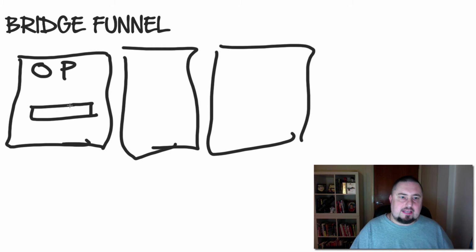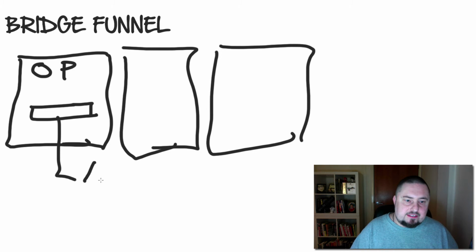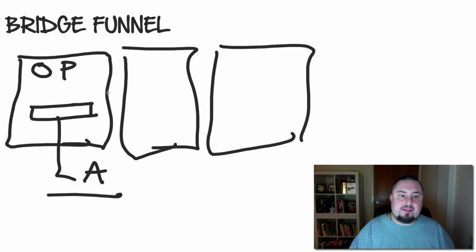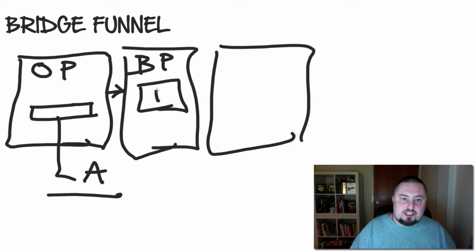If someone lands on this and they want to learn how to increase their email list, get email subscribers, this might offer the number 1 tactic in building an email list fast. So someone subscribes to that, then they're added to the automation sequence, and then they're redirected to the bridge page. So let's call that BP for bridge page. And this will be a content page.